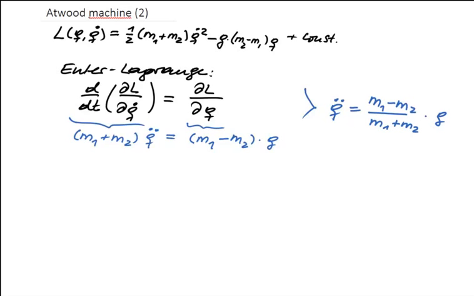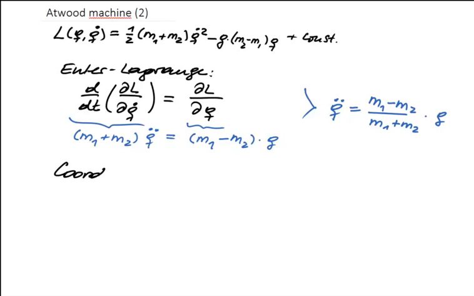Let's see in this case what happens with the Hamilton function. The coordinate transformation between Cartesian coordinates and our generalized coordinate q is time independent. Therefore, the Hamilton function in this case does equal the physical energy.